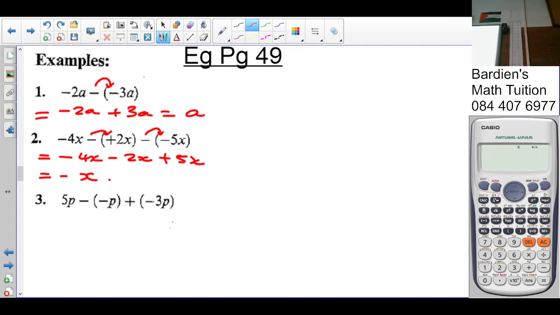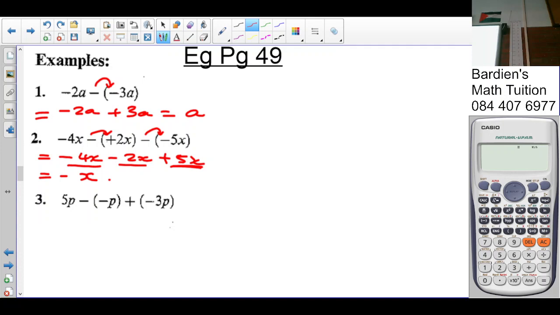Remember, when you're adding and subtracting the variables, stay the same. Like we did here: negative 4x minus 2x is negative 6x, and negative 6x plus 5x is negative 1x. It will never be negative x cubed. You understand? So you must make a note there: when adding and subtracting the variables, stay the same.